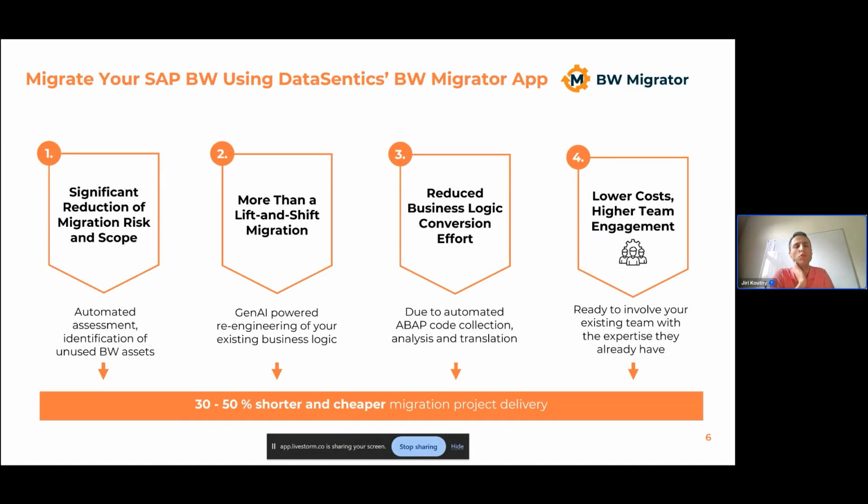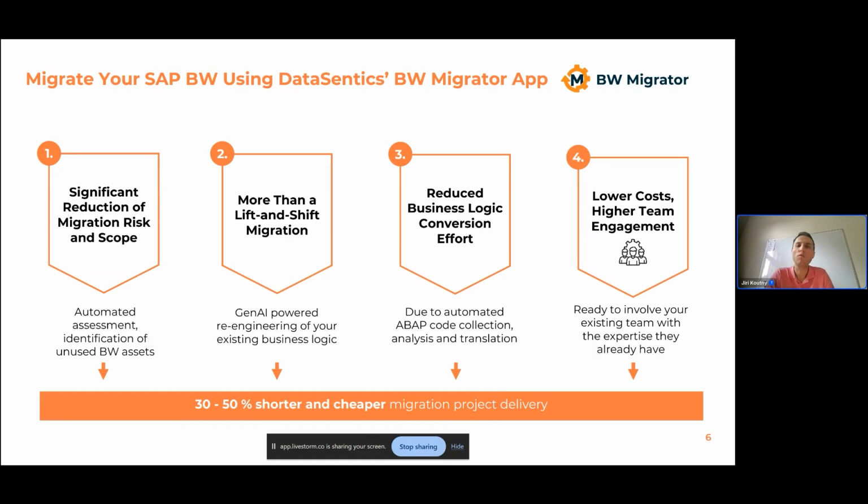So you'll need to migrate roughly just half of your BW logic to your new data platform. We also use modern LLM models, which we feed with all the necessary metadata and source code from BW to properly generate the same business logic in the new data platform code, either in SQL or PySpark. We support Databricks, Fabric, Snowflake, GCP, as well as SAP Business Data Cloud, if you want to continue in the SAP ecosystem.